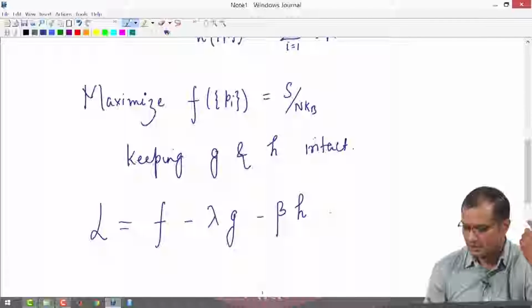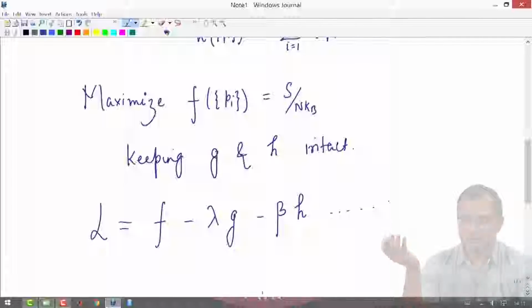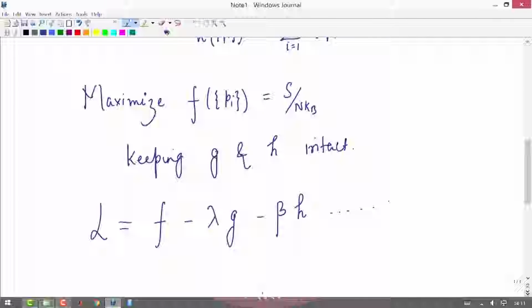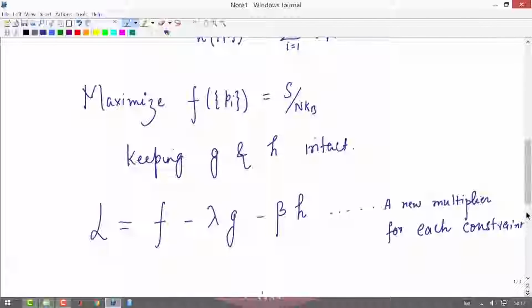As I have said, if you have more constraints, for each constraint you will have a new Lagrange multiplier in the problem, for each physical constraint. This is the standard technique of function maximization.